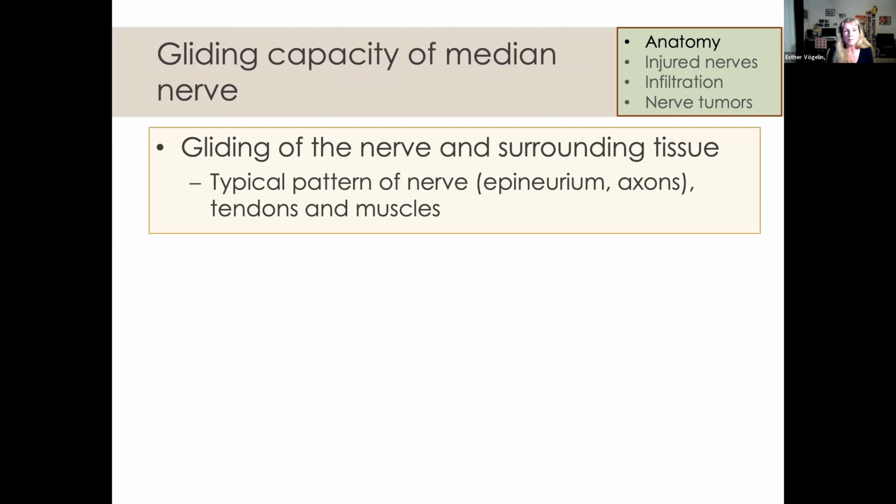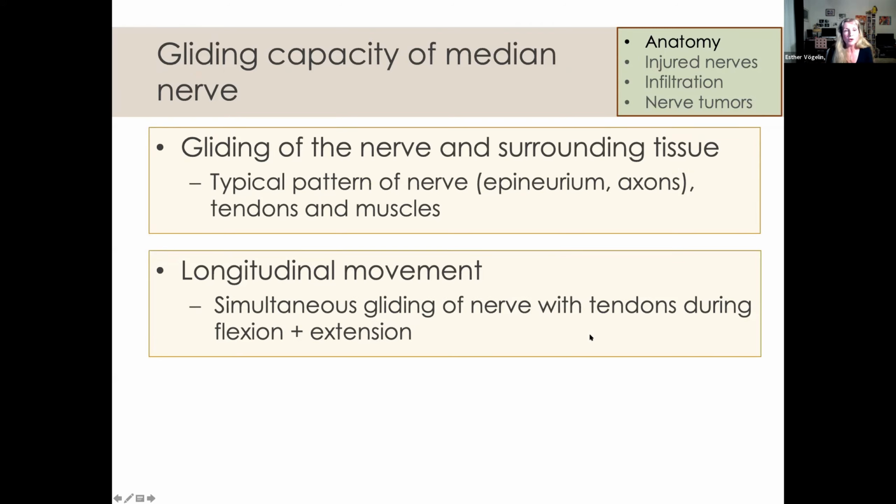So in summary, we have a typical pattern of the nerve, the epineurium that is hyperechogenic, white, and the axons that are white, and in between there is hypoechogenic fluid. We have the tendons and the muscles, and we can follow the longitudinal movement and the simultaneous gliding of nerves with tendons during flexion and extension.